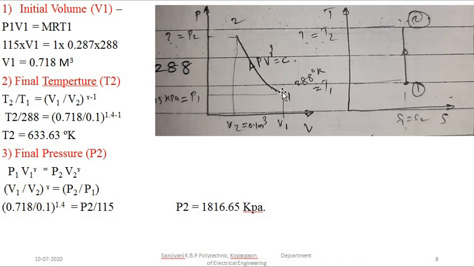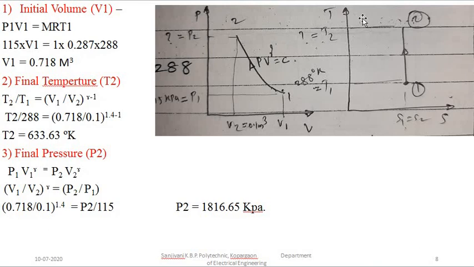During the compression, the volume is decreasing, pressure is increasing, and it is moving along a process curve which is governed by the governing equation, that is PV to the power gamma is equal to constant. So volume is reducing from V1 to V2 and pressure is increasing from P1 to P2.